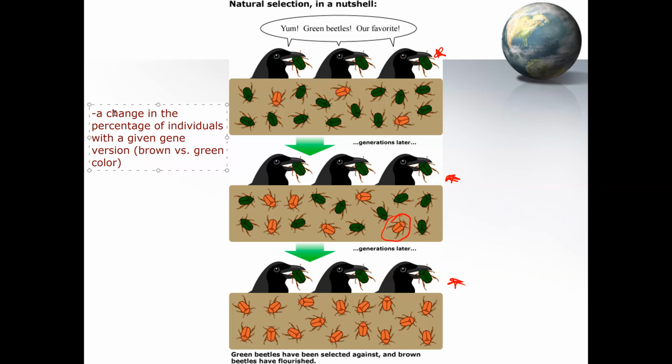So it's a change in the percentage of individuals with a given gene over many generations. This doesn't happen immediately, right? It takes several generations, depending on what you're looking at, in order to see this change in the percentage of individuals with a given trait.